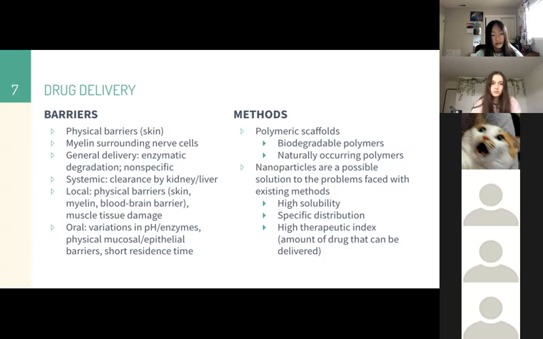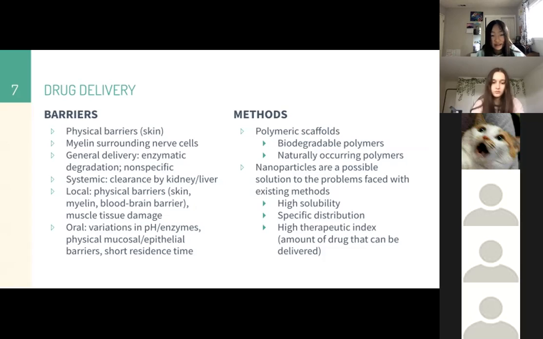Local barriers are physical barriers, myelin, and the blood brain barrier, as well as muscle tissue damage. Oral barriers include variations in pH that cause enzymes to degrade, varying enzymes in your mouth, and physical or mucosal slash epithelial barriers, which cause the drugs to have a short residence time because they get degraded so easily by the mucus.